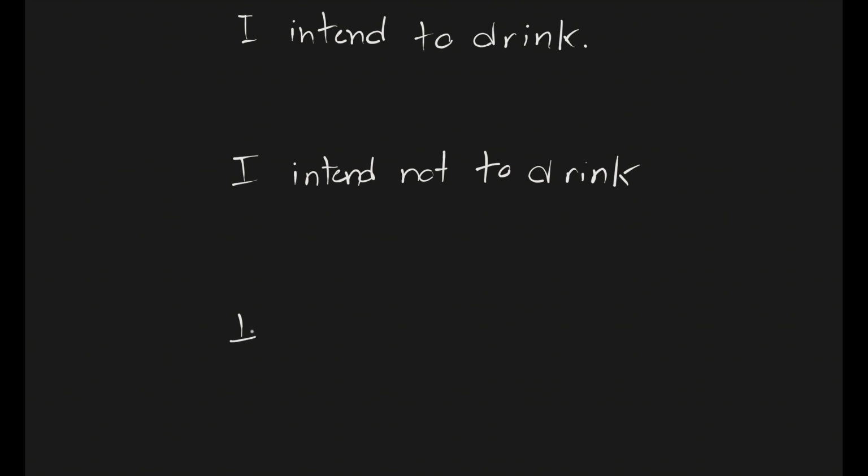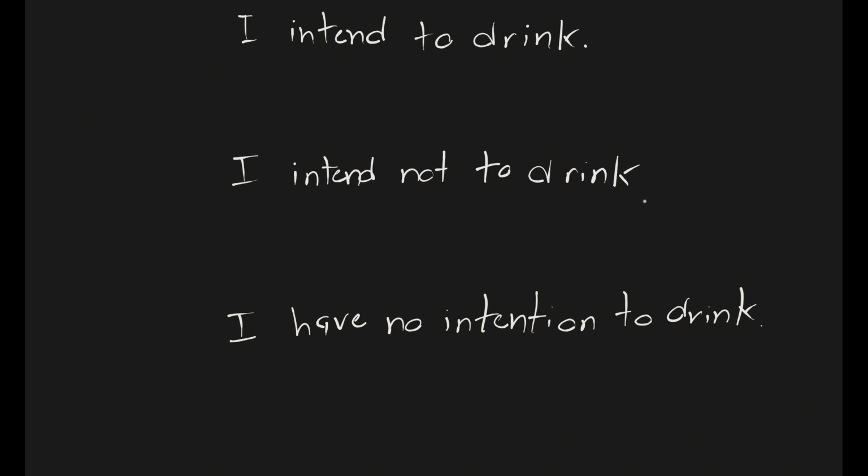And let's do I have no intention to drink, or I do not intend to drink. How would you translate all three of these? If you want to pause and try to translate them yourself, go ahead. But we are going to start.